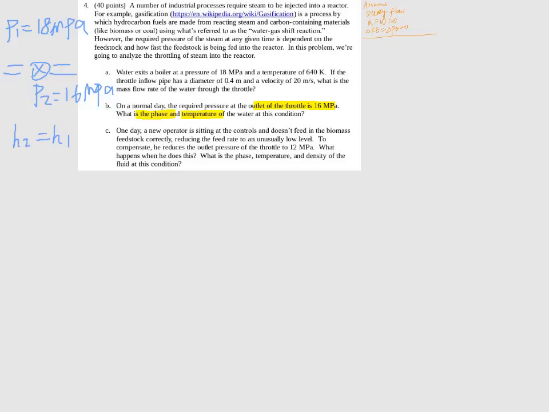And if you don't remember this equation, that's fine, because we can always derive it from our steady flow energy equation: delta M times delta H plus delta KE plus delta PE is equal to Q dot minus W dot. From the previous video we made some assumptions: it's steady flow, and Q dot, W dot, delta KE and delta PE are all zeros.